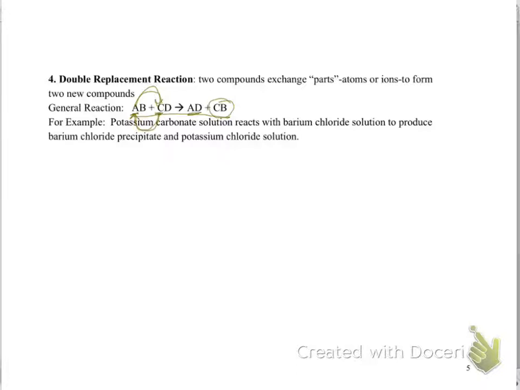So let's take the example. Potassium carbonate solution, and you need to know these formulas. These all are coming from ionic compound nomenclature. Solution means aq. Barium chloride: barium is Ba2+, chloride is Cl negative. Swap the numbers. If they use the word solution, put aqueous.